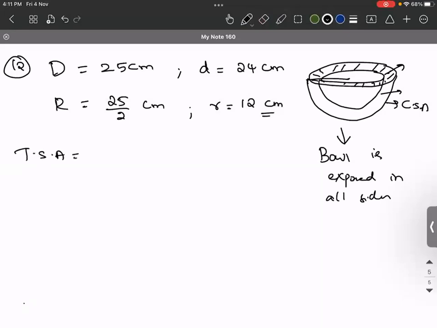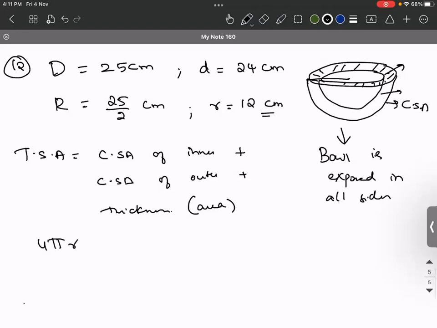Total surface area is equal to curved surface area of inner part plus curved surface area of outer part plus the thickness area. So 2 pi small r square plus 2 pi capital R square plus pi into capital R square minus small r square. Sorry, it's 2 for a hemisphere, not 4.